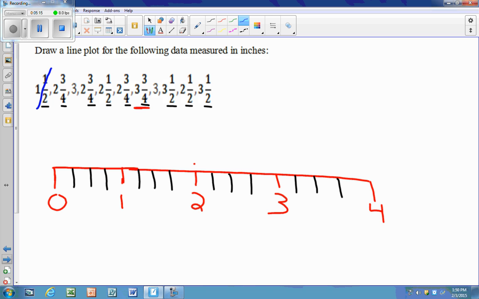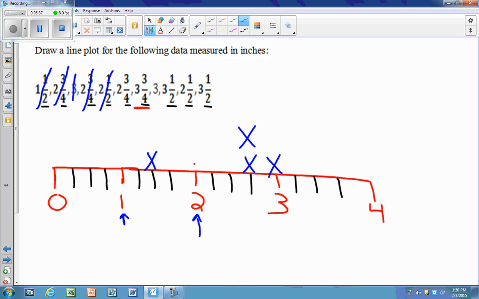So here's my 1 and 1/2, which is the same thing as 1 and 2/4, so I would put an X right here. Next is 2 and 3/4, so I find my 2 and I go to 3/4, which is right here. Then I have the whole number 3, so I just put an X above the 3. Then another 2 and 3/4, so an X goes above that.